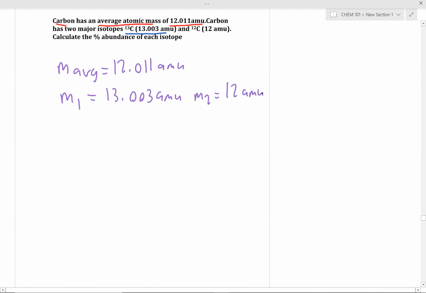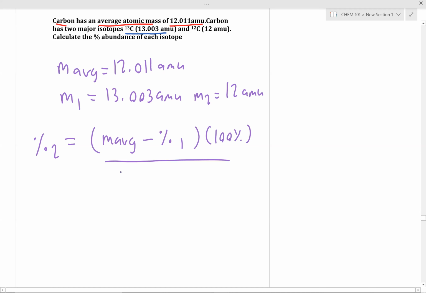We then utilized our equation to calculate the percentage of isotope 2 by taking our average atomic mass minus the mass of isotope 1, times 100, divided by the mass of isotope 2 minus the mass of isotope 1. We then plugged in each of our numbers. So we've established carbon 13 as isotope 1 and carbon 12 as isotope number 2.